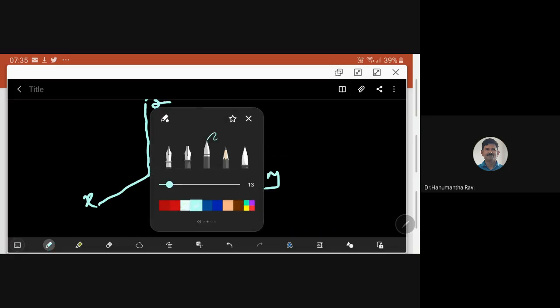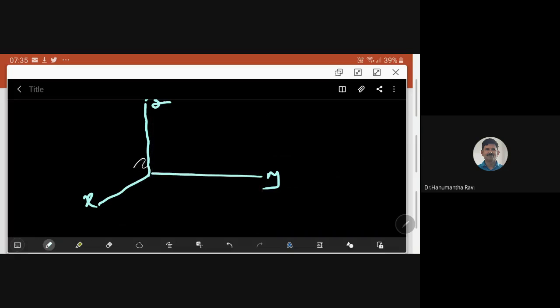So we have the x axis, y axis, z axis, and we are talking about a surface here. It is clearly a sphere.